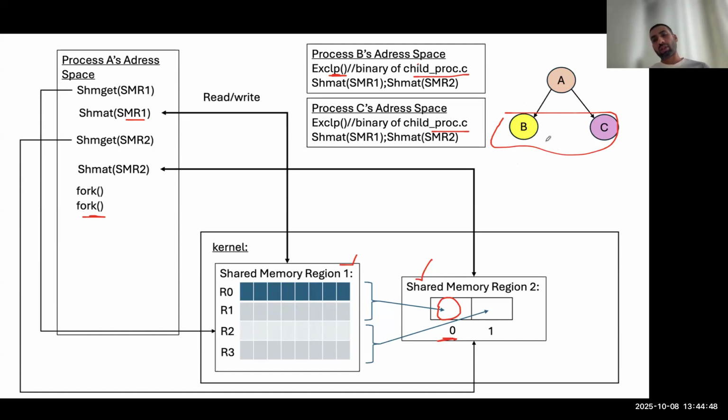Let's say the partial sum here is X and the partial sum here is Y. Once B and C are done, A will go ahead and calculate the total sum by summing together X and Y, which will be X plus Y, right? And then get the result.